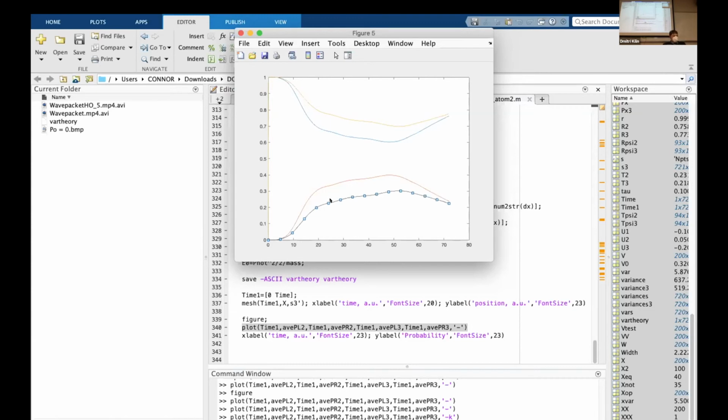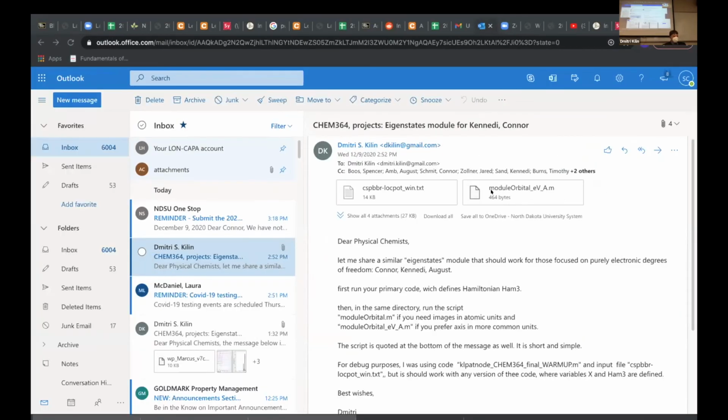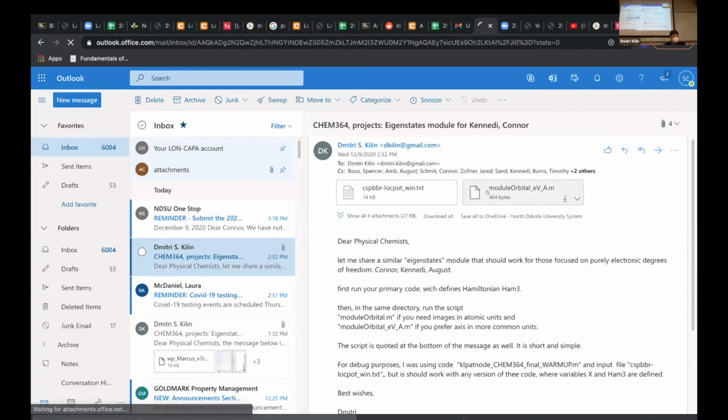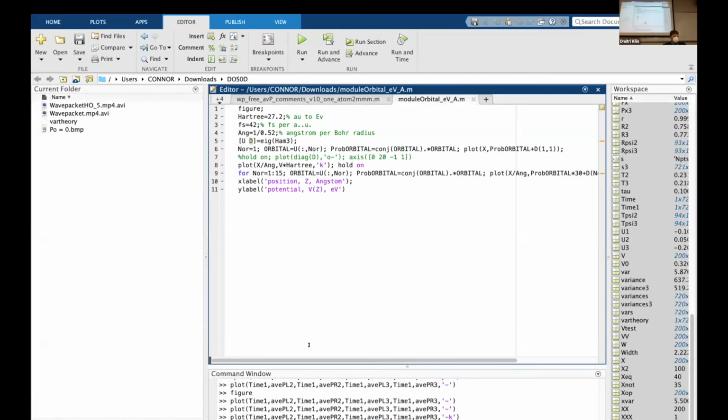So if you do not have any emergent questions, let's try to plot orbitals. Okay. Download it. There we go.